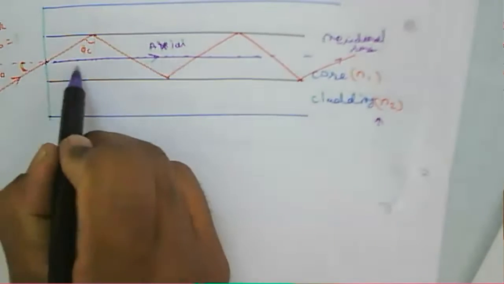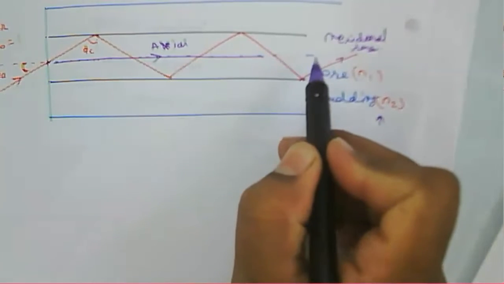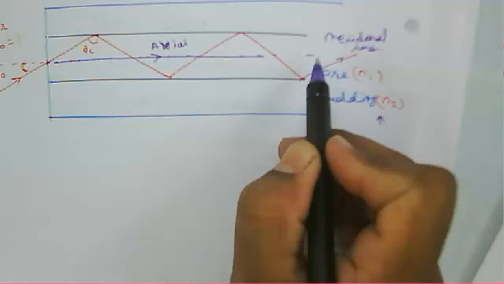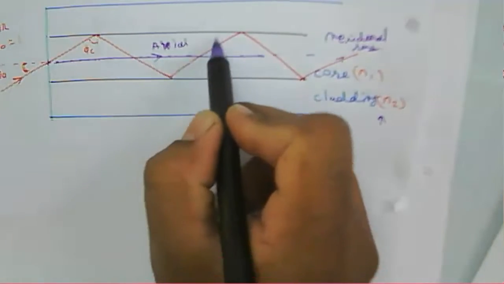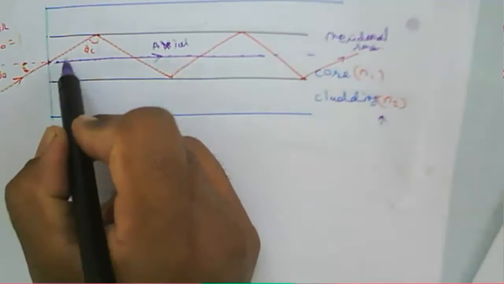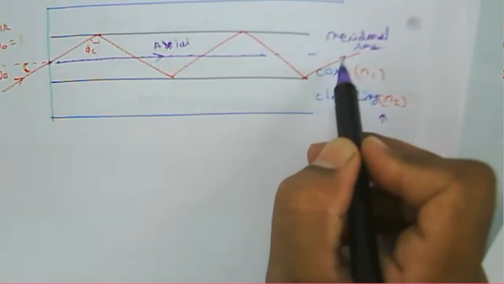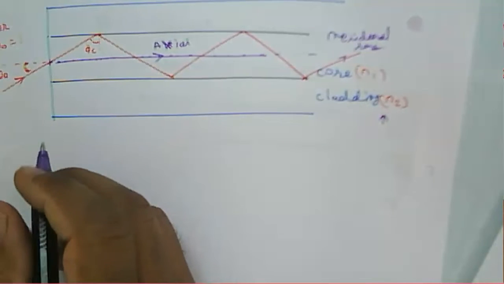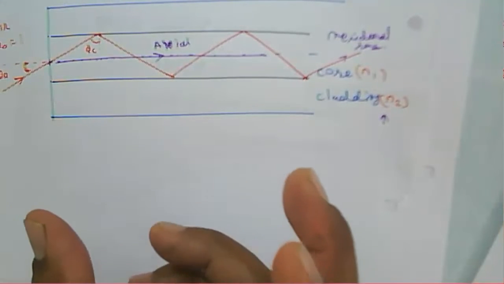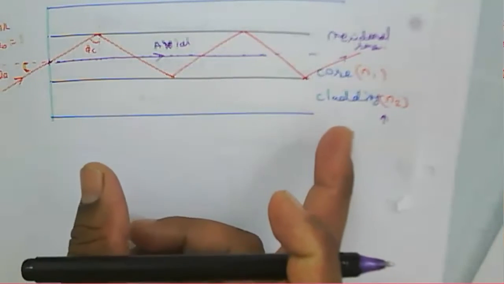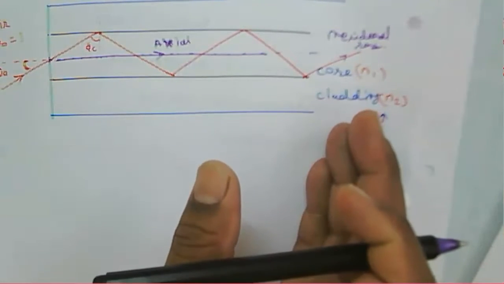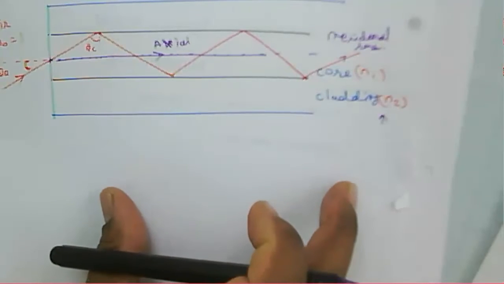The time taken by the axial ray propagating through the fiber will be a minimum, and the time taken by the meridional ray propagating through its path will be a maximum. Each distance traveled depends upon the velocity of that particular ray.